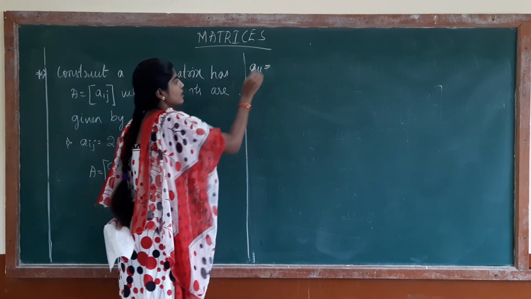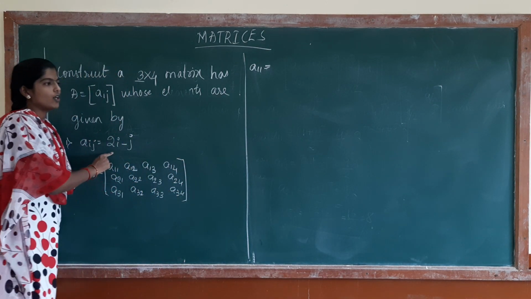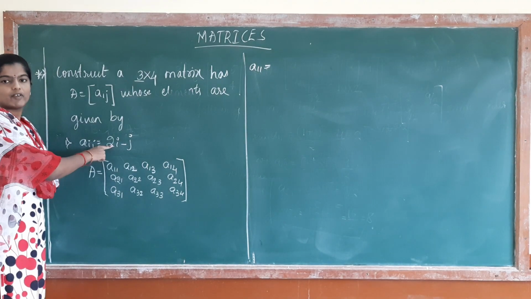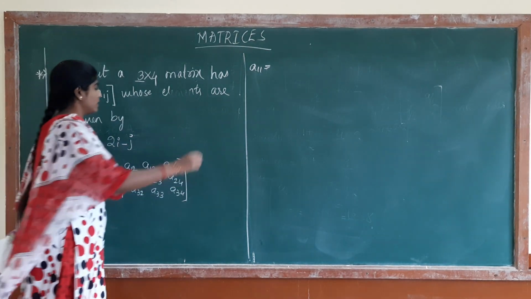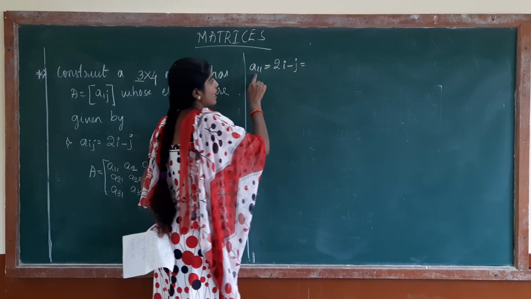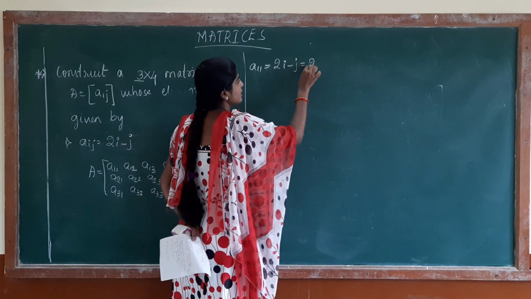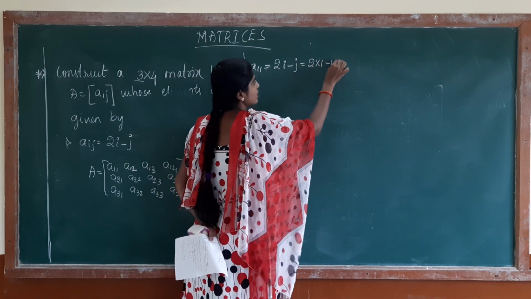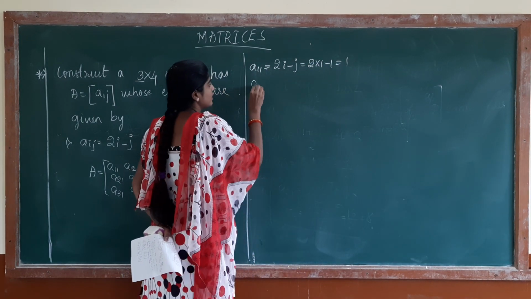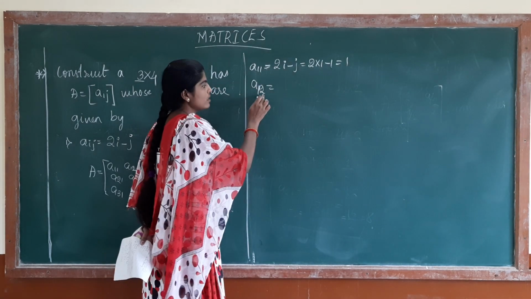The condition is 2i minus j. So in place of i and j we have to replace the values of i and j. Here the i value is 1, the j value is also 1. So what do we get? 2 into 1 minus 1, that is 1. Similarly A12, i value 1, j value 2.